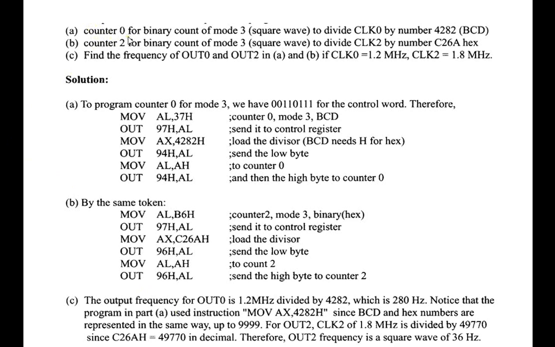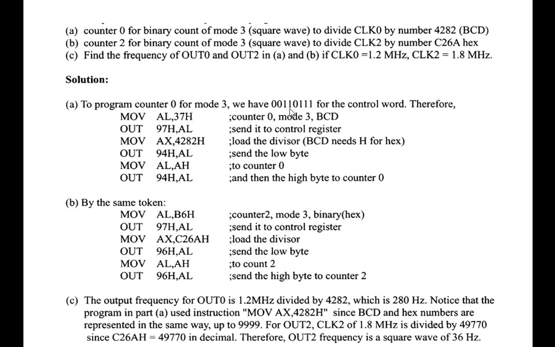Here we have counter 0 in mode 3 square wave, to divide clock 0 by the number 4282 in BCD. To program counter 0 for mode 3, we have an input. We have counter 0, so the last two bits are obviously 0.